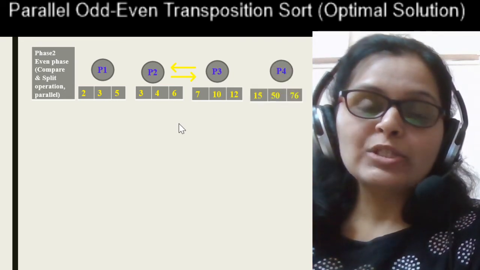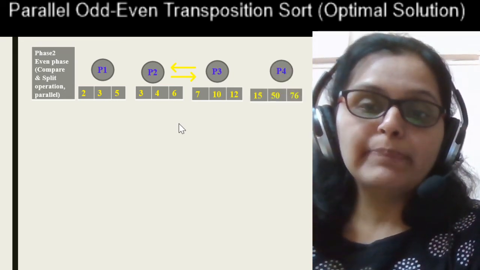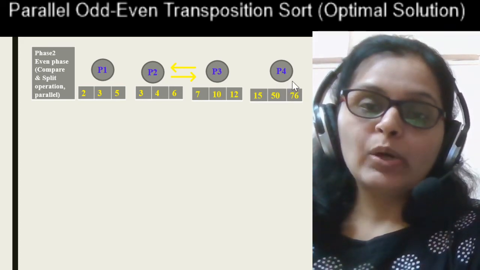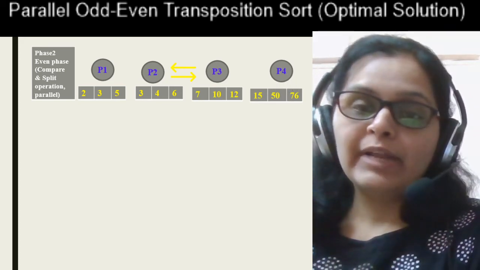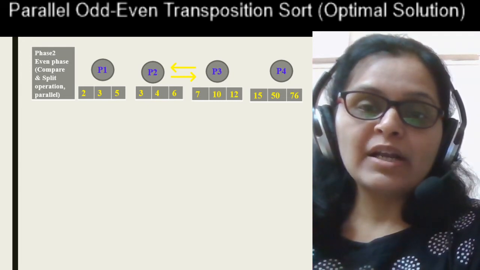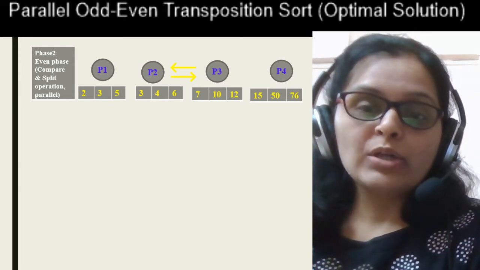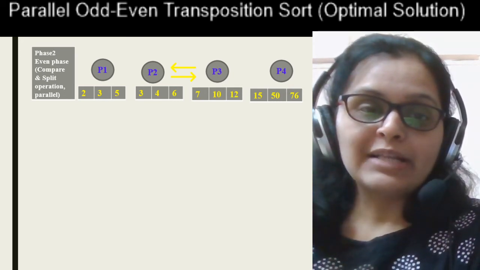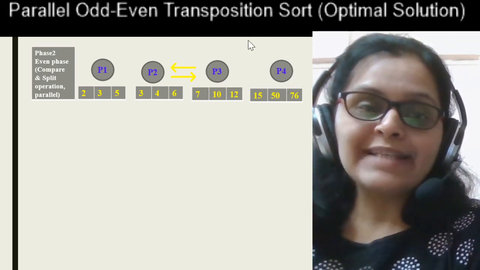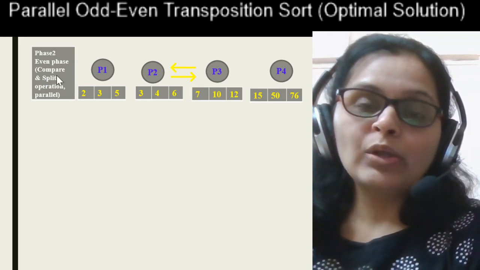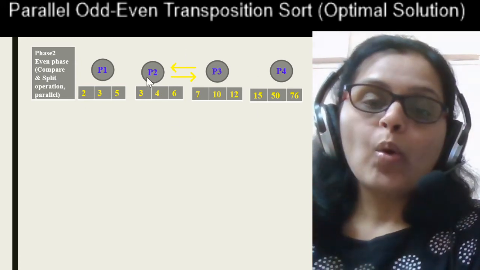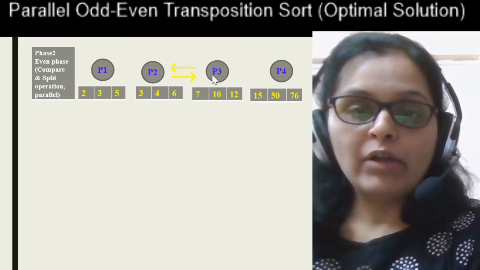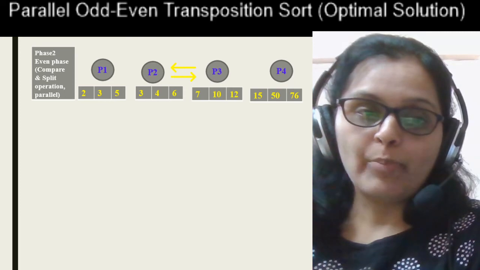The next process in the even series is P4. I am keeping it as it is. Why? Because it is the last process. It will not be involved in compare and split operation because it does not have a neighbor for that operation. That's why I am keeping it as it is. Just focus again on this phase 2, that is the even phase. Only the two processes P2 and P3 are involved in compare and split operations.